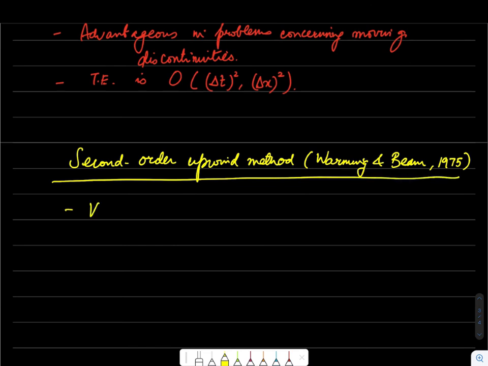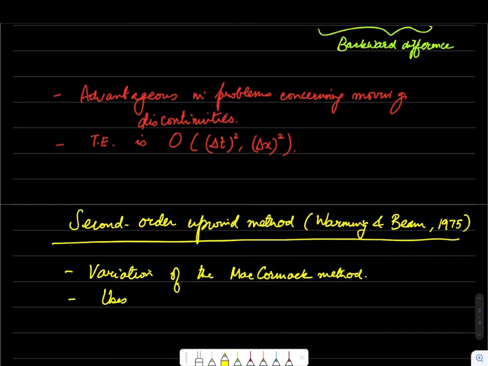And it's a variation of the MacCormack method, and it uses backward difference in both predictor and corrector steps.